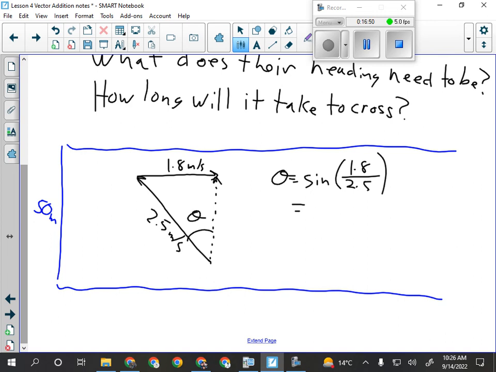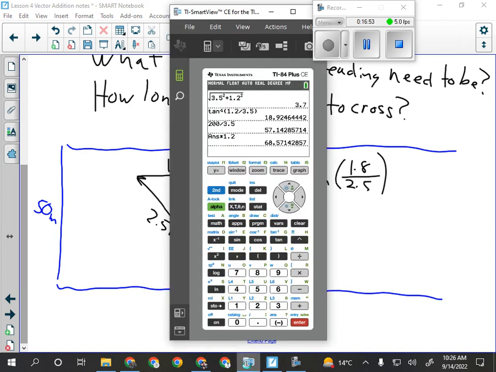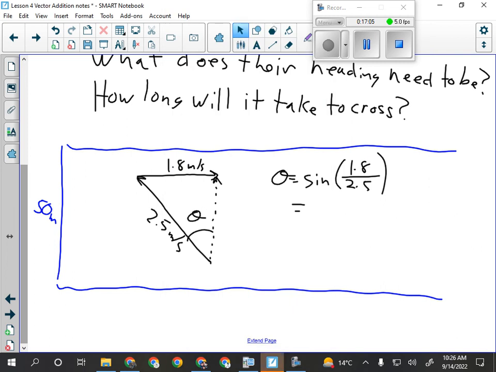All right, so inverse sine of 1.8 divided by 2.5 gives me a 46-degree heading. So in order to cross this river and end up directly across from where I started, I will need to head 46 degrees west of north. That's the direction I'll have to point the boat and row.